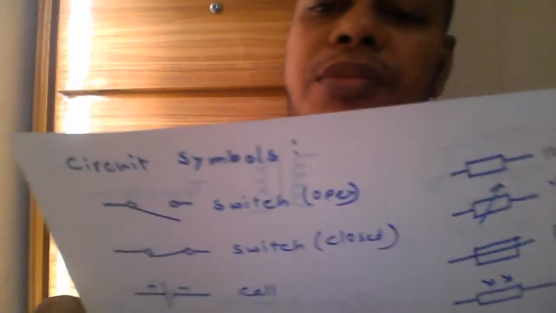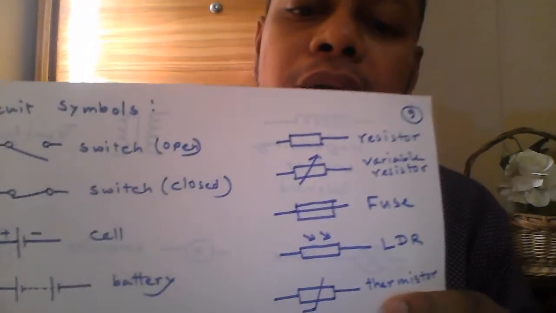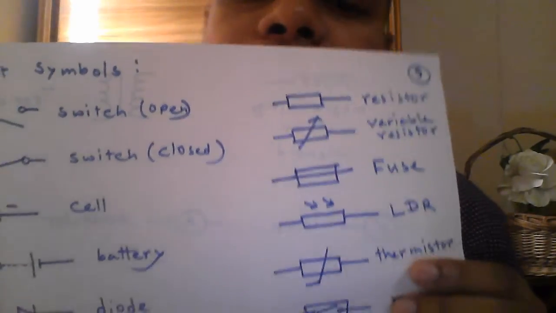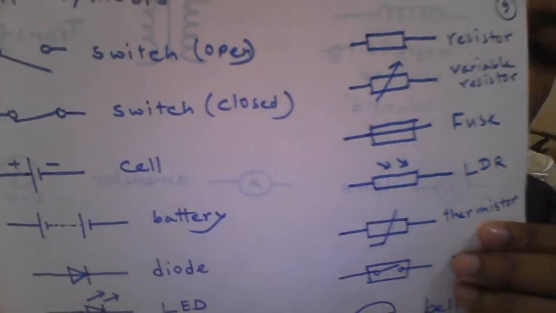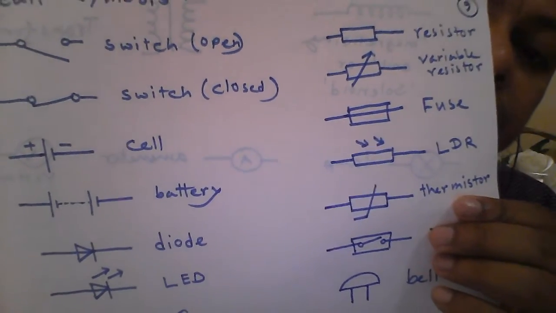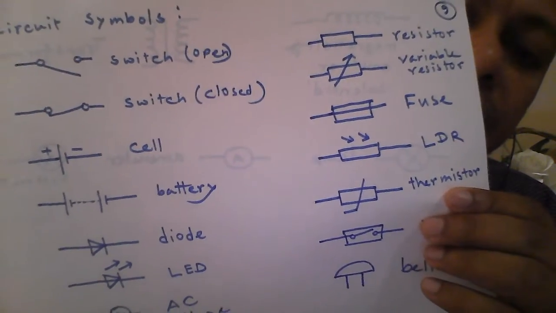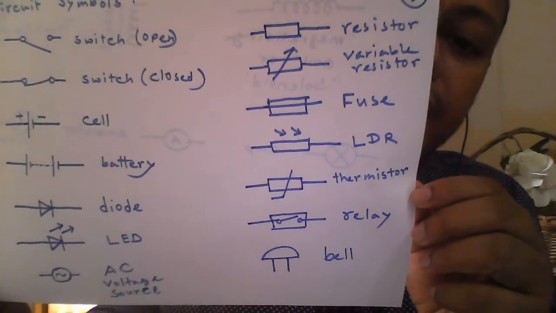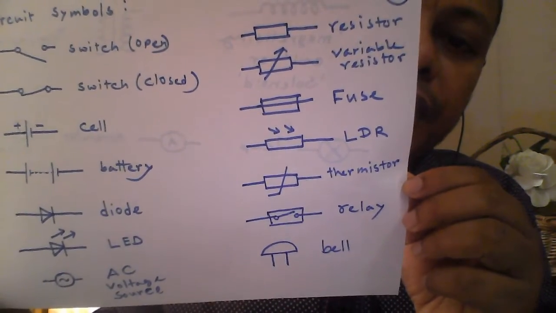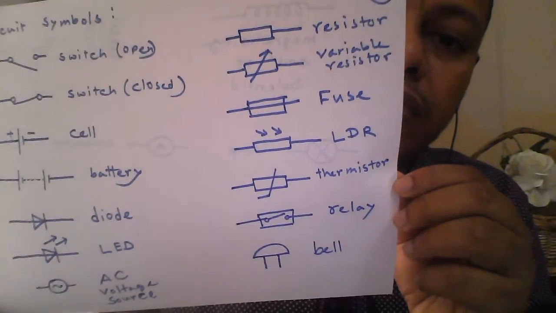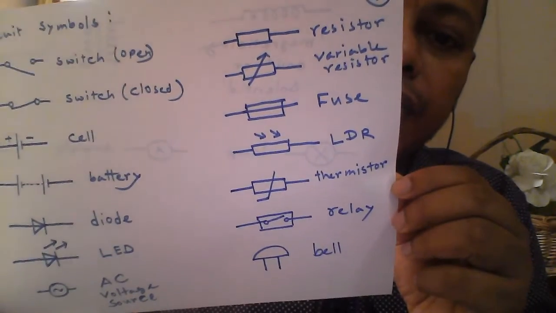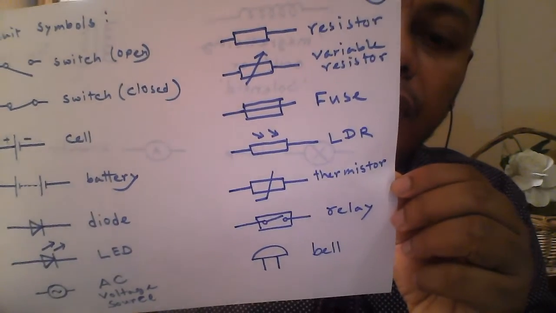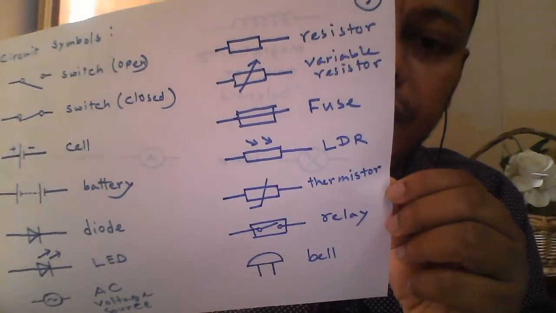Later on we have here the symbol of resistor. Look, I try to give all the symbols which are similar to resistor together so that you can relate them, you can understand them, and you can remember them easily. First of all, I gave resistor, and if you give one arrow on this resistor, then it becomes variable resistor.